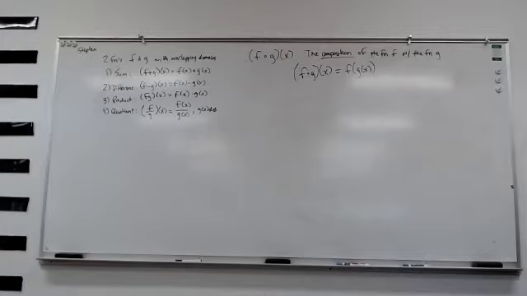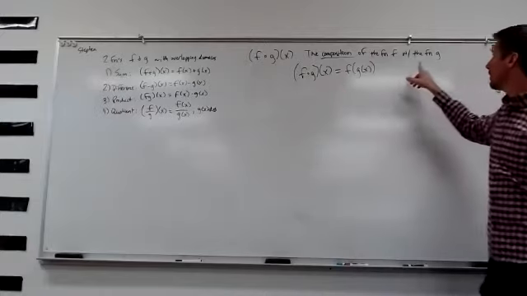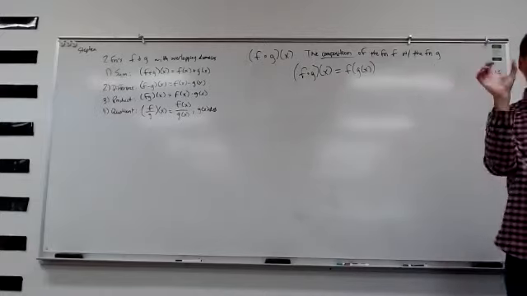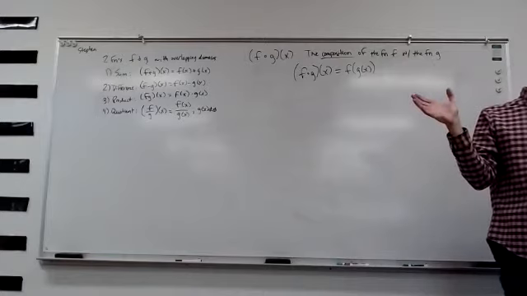Say that one more time. Say how I explain the way that it works. Yeah. So you'll have two functions, f of x and g of x, right? And if I'm finding the composition of function f with function g, I just take whatever g of x is equal to. Let's say g of x is equal to x squared.